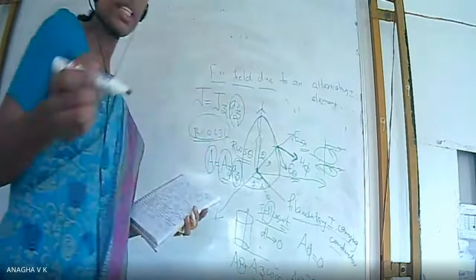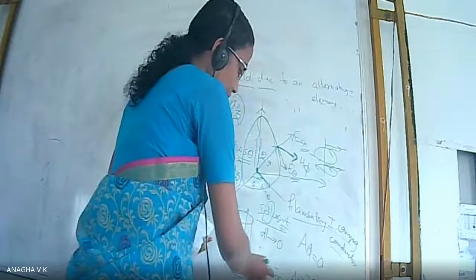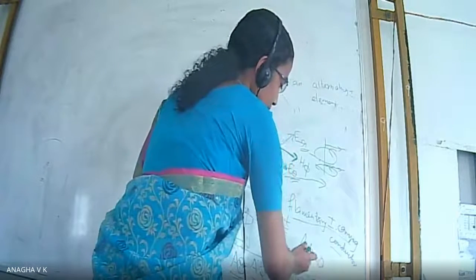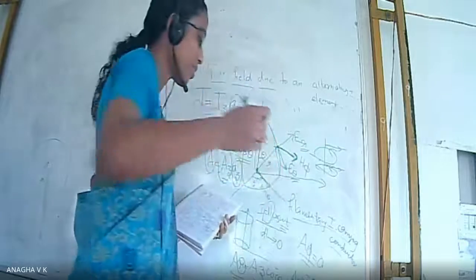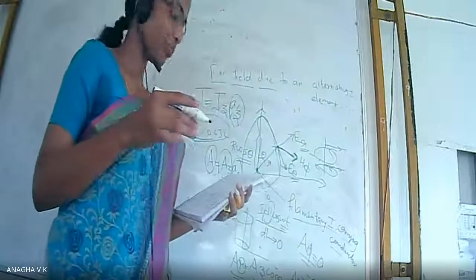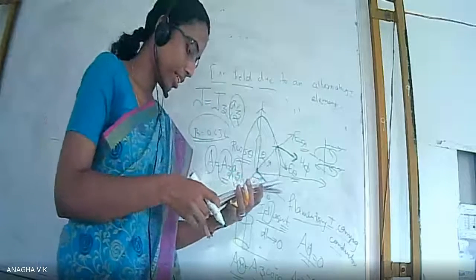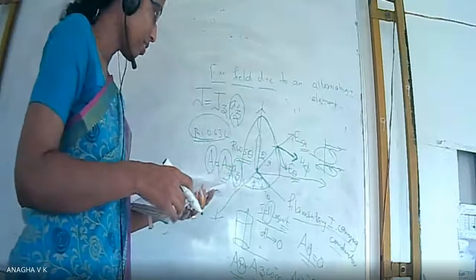A_theta is perpendicular to A_r, so sin theta. A_phi is 0, because the component is 0 in the phi direction.